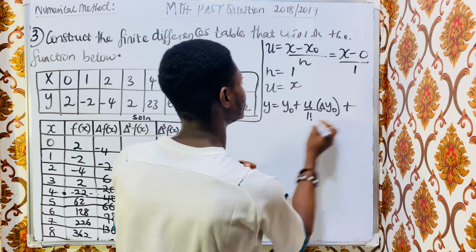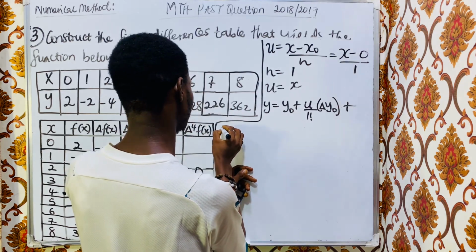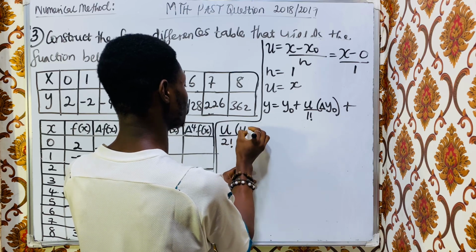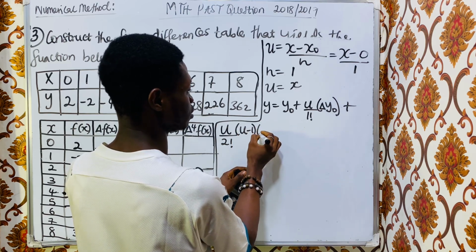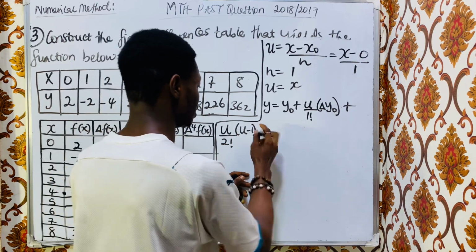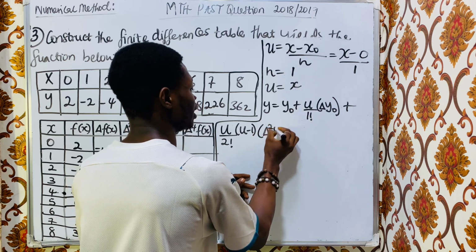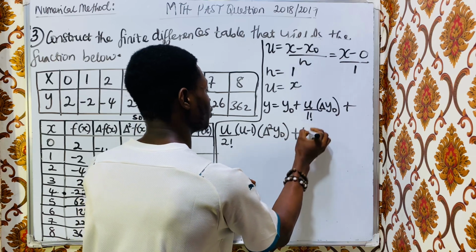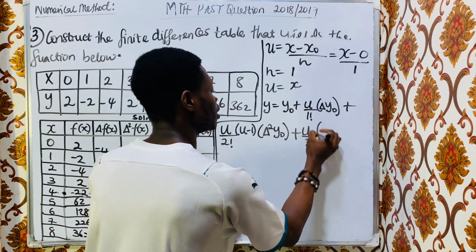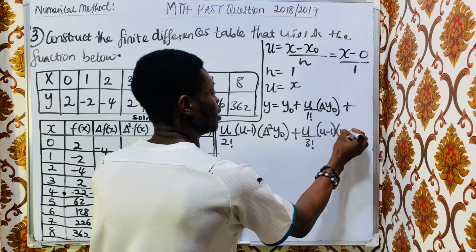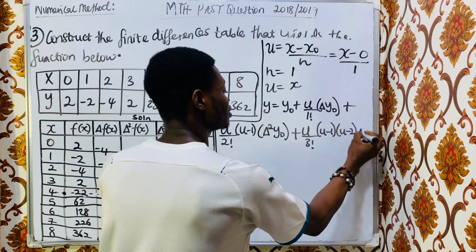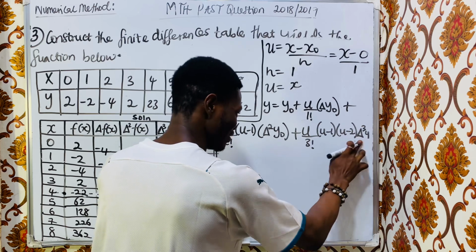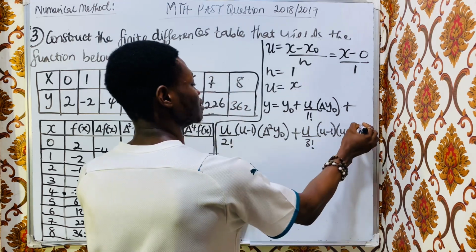Then plus u all over 2 factorial, u minus 1, then times delta squared y naught, which is the second one, then plus u all over 3 factorial, u minus 1, u minus 2, then delta cubed y naught.